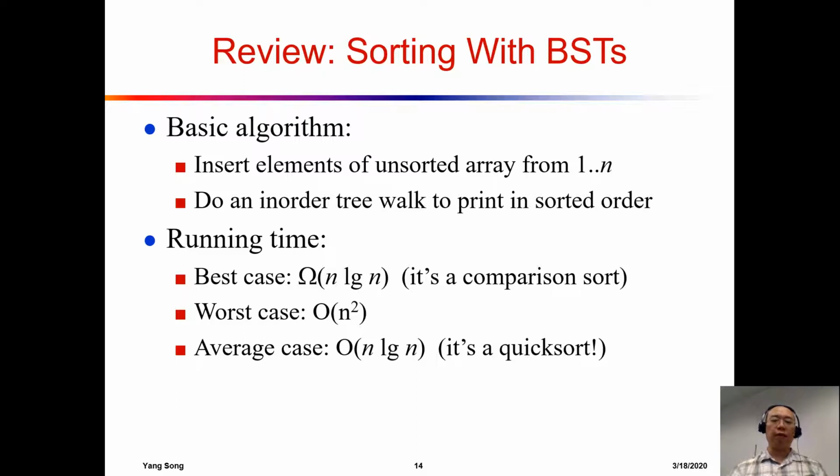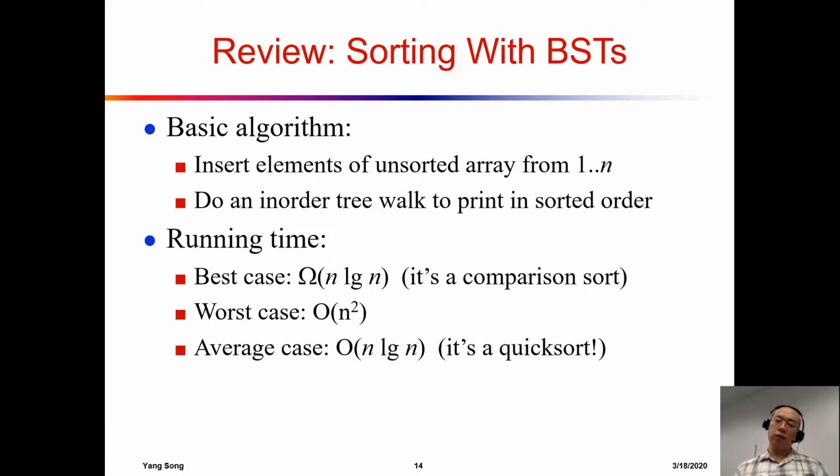We have analyzed that the best case is omega of n log n. Why? Because it is a comparison sort. If we build a binary search tree and then do an in-order tree walk, this data structure is built 100% based on comparisons. Since it is a comparison sort, it is omega of n log n.